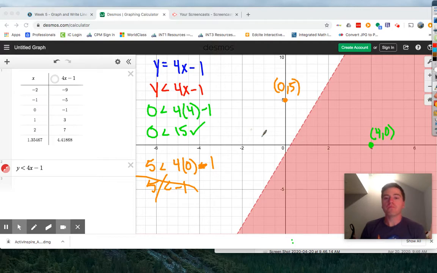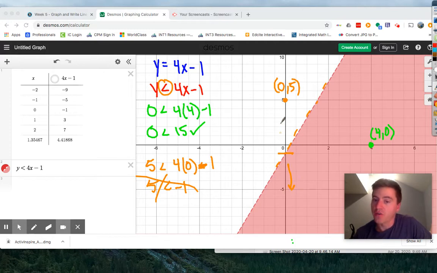So how do we know which side to shade on when we're doing this? It's specifically this. It's saying y is less than this. So y is our vertical axis, right? x is the horizontal, y is the vertical. So we go to here's where it's equal, right? Here's where it's equal because we know that's the line. So this is where it touches the y-axis. And where is y less? y is less when you go down.